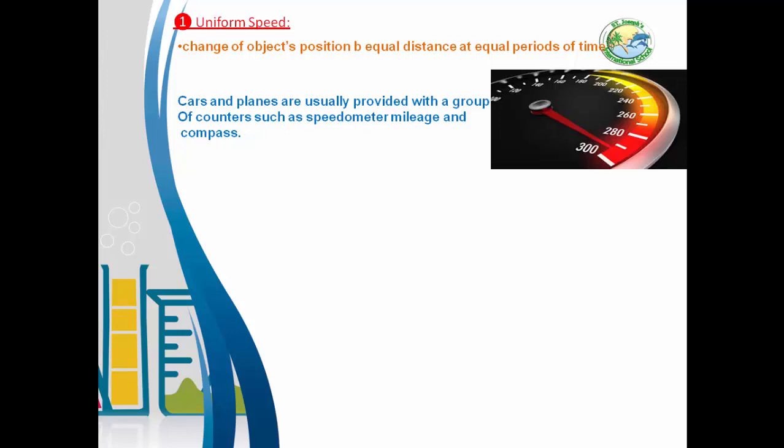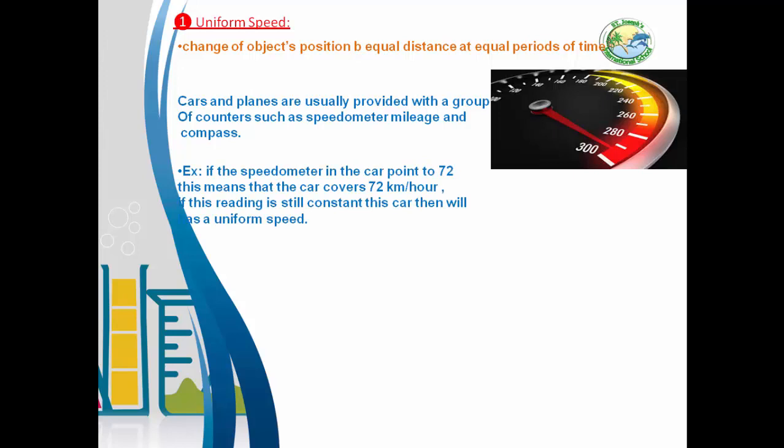If the car moves equal distances in equal periods of time, we can say that this car moves in regular speed or uniform speed. For example, if the speedometer in the car points to 72, this means that the car covers 72 km each hour.